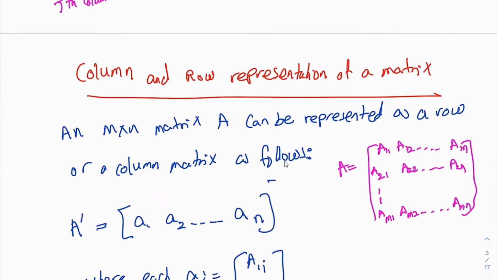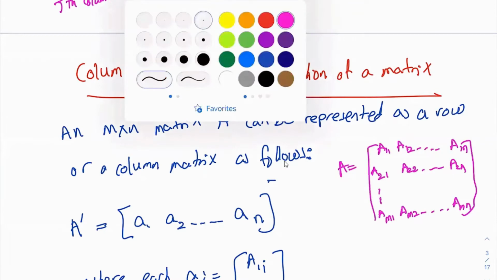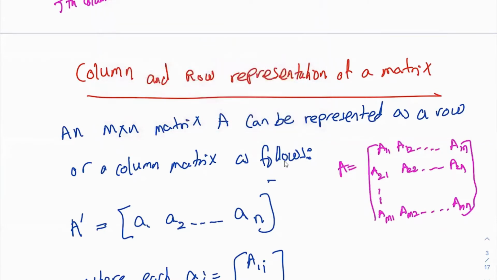Now, when I am talking about the block row vector, like A prime that I have here, it means that I'm going to group the matrix column-wise. What do I mean by that? It means that I'm going to consider this as one element, this as a second element, and this as an nth element.